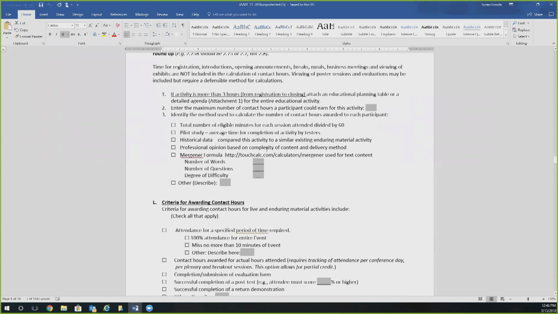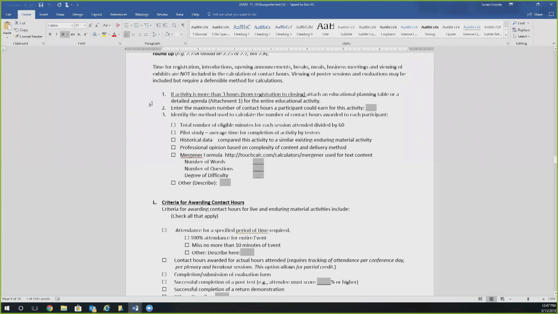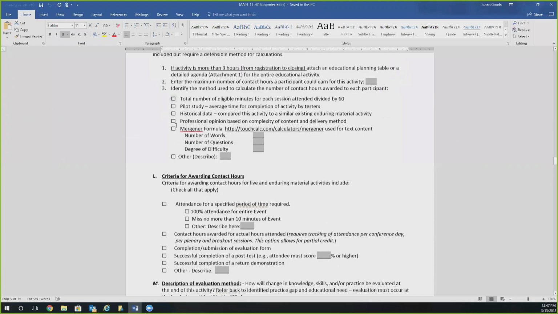Maybe there was a professional opinion based on the complexity, or using the formula, and there's a whole calculation for determining on web-based sessions how long it will take people to complete that event. So here's a live activity. Be sure you complete number 2 and check the first box.